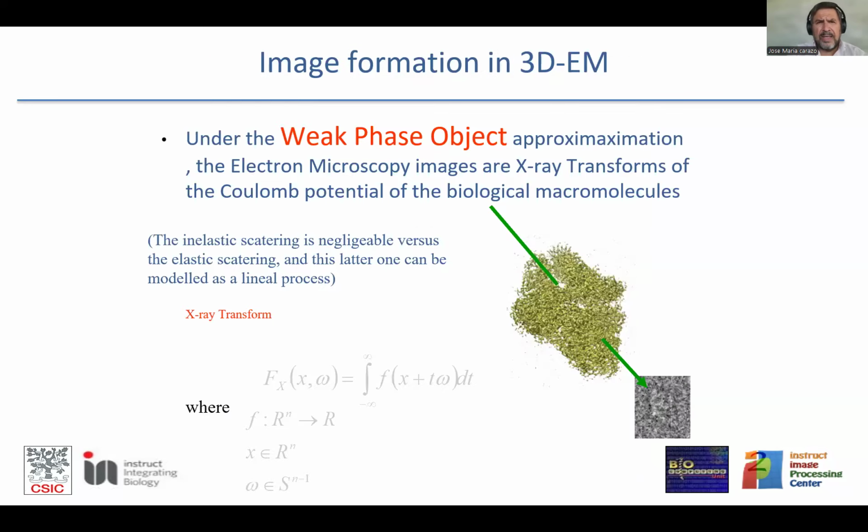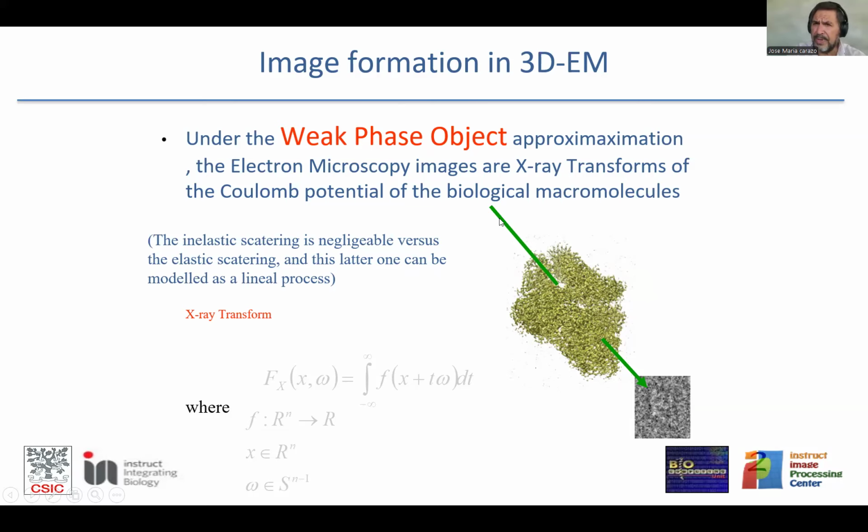So everything we are going to do is always from the rationale of working with a lot of noise. This is the weak phase object approximation, and essentially it is that if we have an electron that is encountering an electrostatic field, the total number that is going to be deposited when you make the measurement in the image is proportional to the Coulomb potential along the line of the electron.